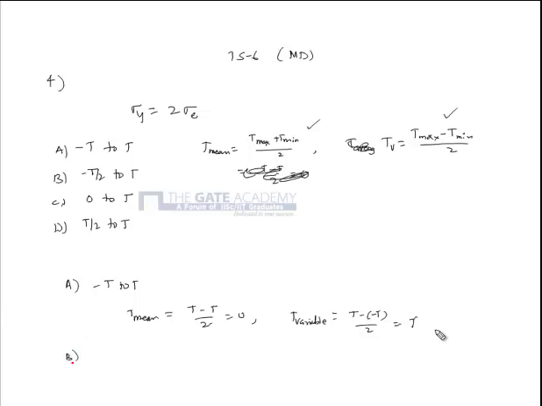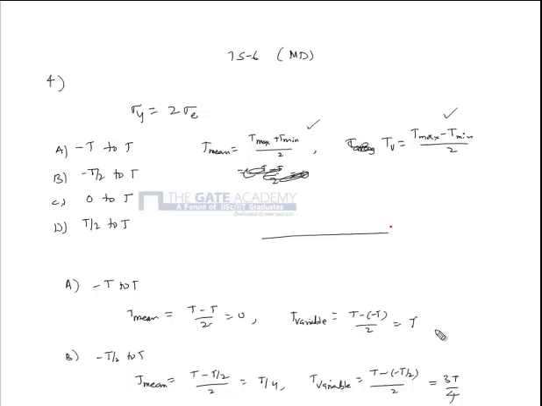Now for loading B, minus T by 2 to T, T mean is T minus T by 2 by 2, so this is T by 4, whereas variable torque is T minus of minus T by 2 by 2, and so this is 3T by 4.